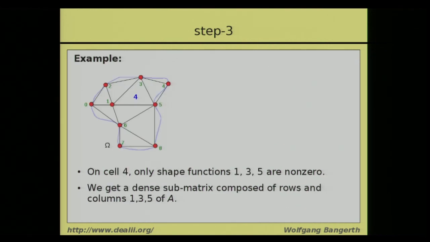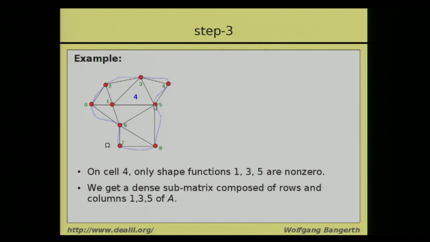So let's say we have this loop over all of these cells, and we're currently sitting on cell number 4. We identified it, so this would be cell number 4. And so the degrees of freedom that are living on this cell number 4, that is the shape functions that are non-zero on this cell, are only shape functions 1, 3, and 5.